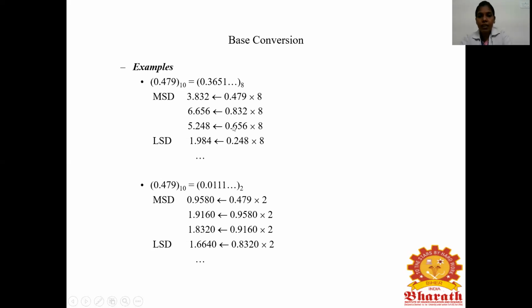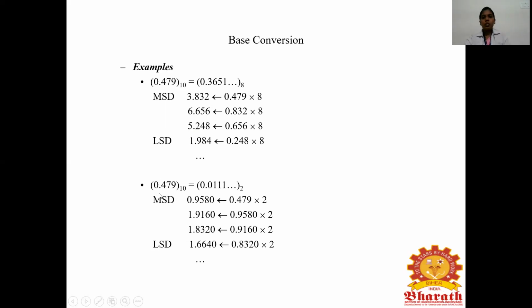And then again, 0.656 into 8 is 5.248. At last, after some 4 or 5 iterations, we stop and write the answer. When we write the answer, we write it from the top. So write it as 0.3652. We take only the integer parts.